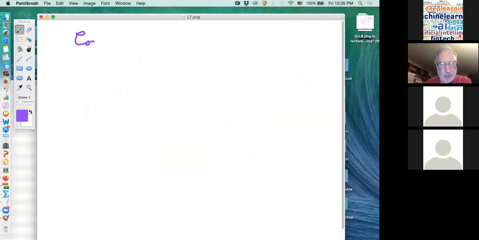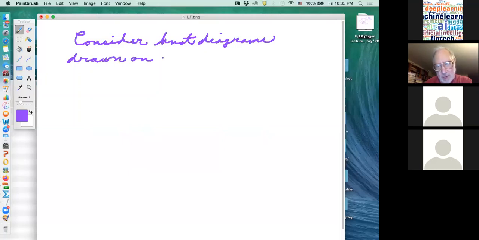So I ask you to consider knot diagrams drawn on a higher genus surface. For example, on a torus.